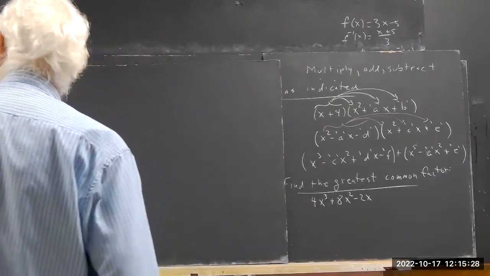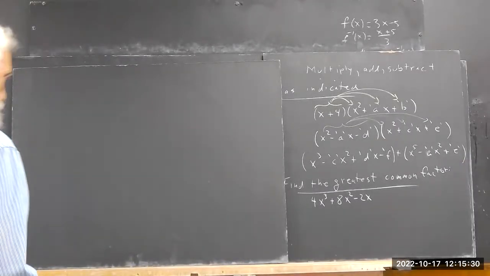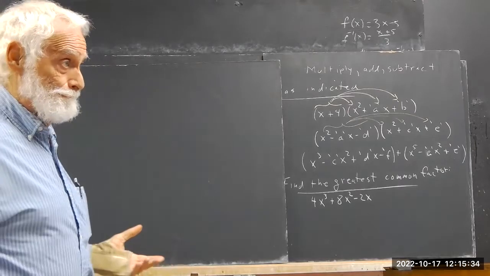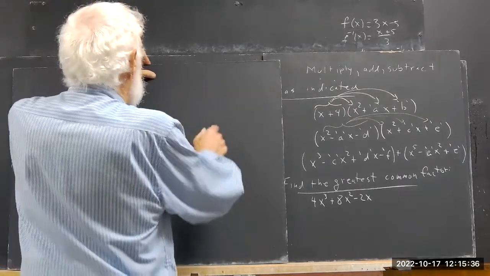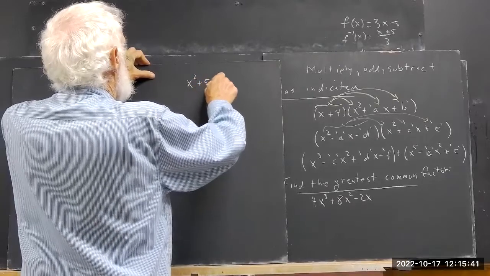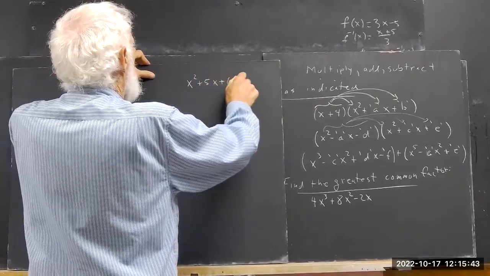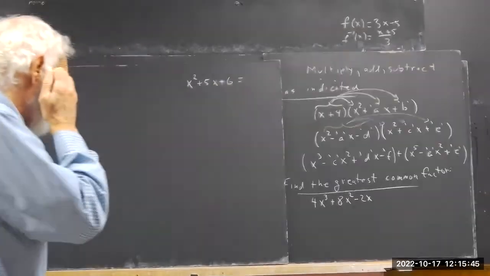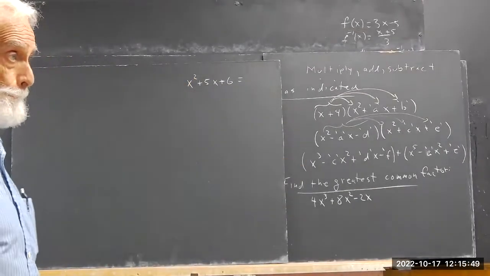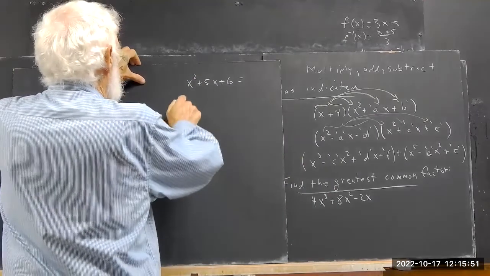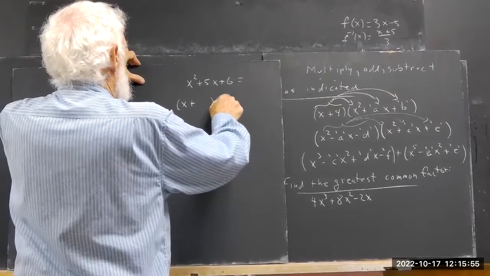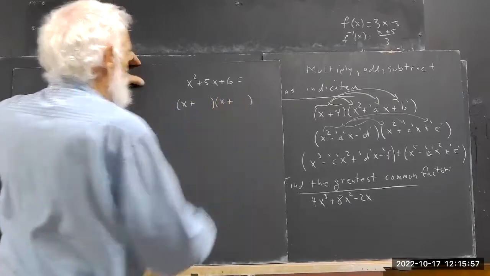Well, this factoring thing gets to be even more fun. You can write x squared plus 5x plus 6 as x plus some number times x plus another number.